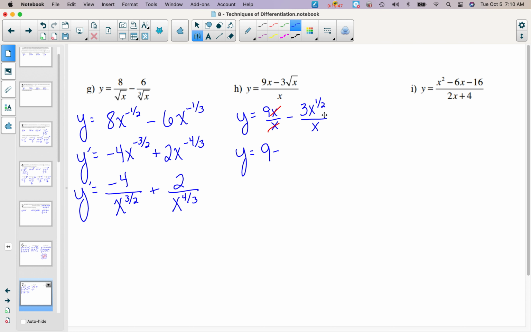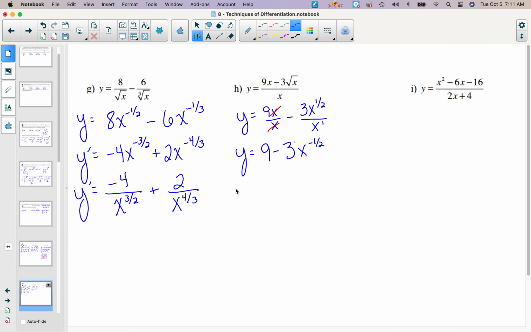And I can do something here too. If you remember the rules for exponents, when the bases are the same and you're dividing, you subtract the exponents. So 1/2 minus 1 is negative 1/2. So I have simplified my original equation to this, and I forgot my x. Okay, that's a little awkward. There we go.